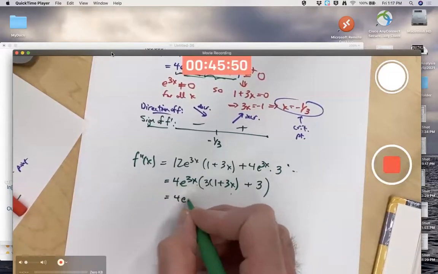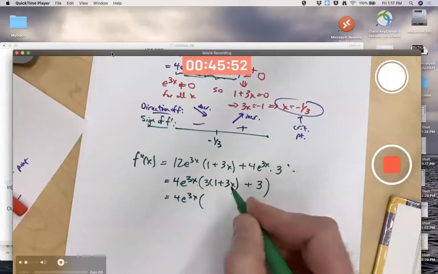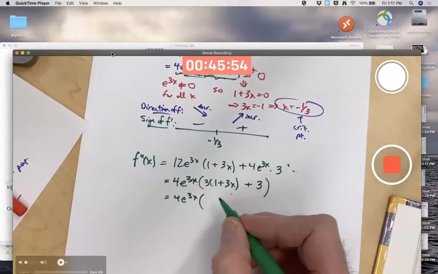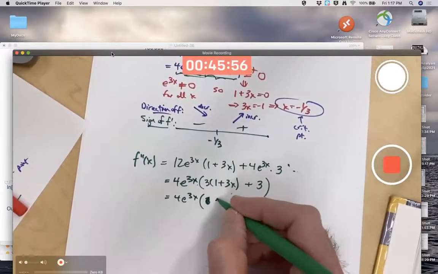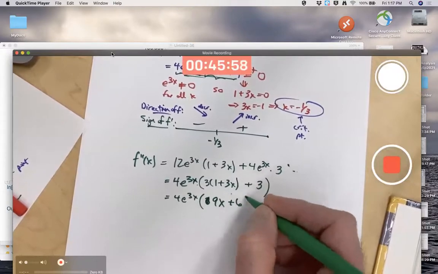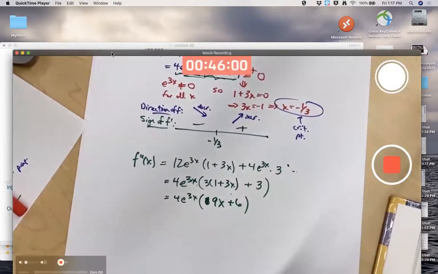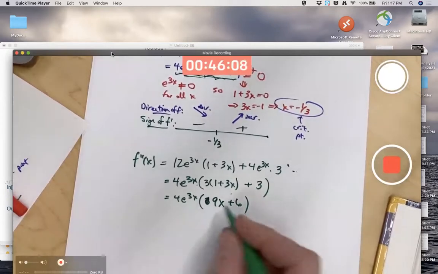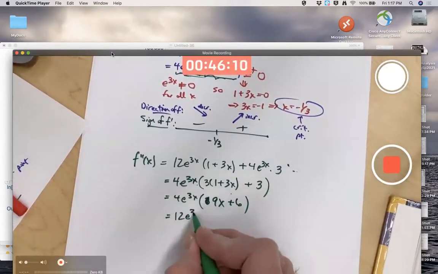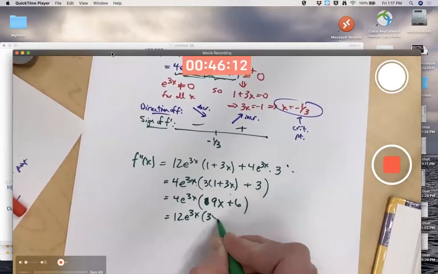Simplify. 3 plus 3 is 6. We get 9x plus 6. 9x because 3 times 3 is 9. If I want, I can also factor out a 3 out of this. I could write this as 12e to the 3x times 3x plus 1.